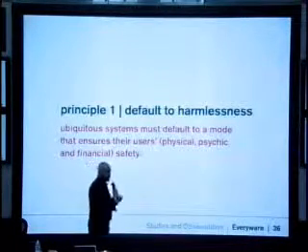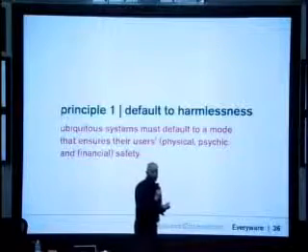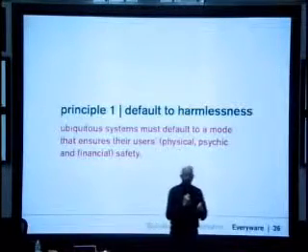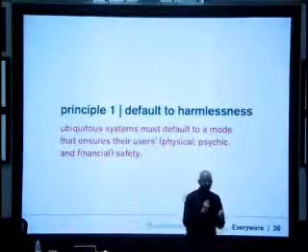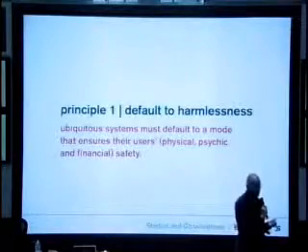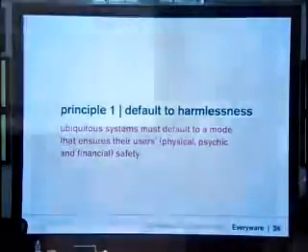I think we must design ubiquitous systems so that they do not harm us, at the very least. Engineers have a principle that's called graceful degradation, and it is a principle that functionality in a system fail progressively as opposed to catastrophically. It fails in little pieces and not all at once.